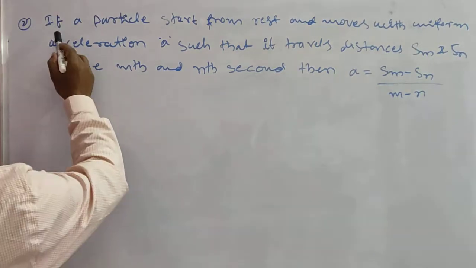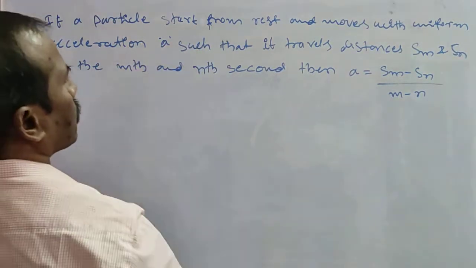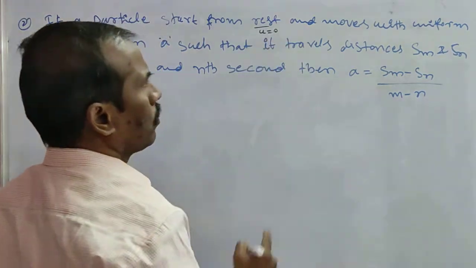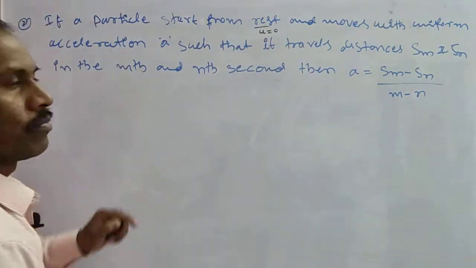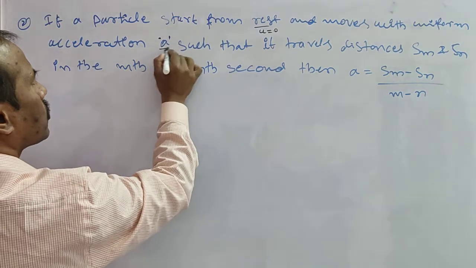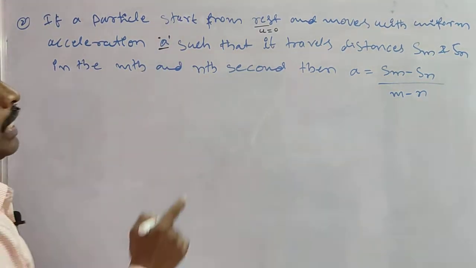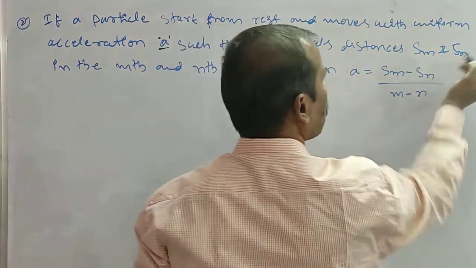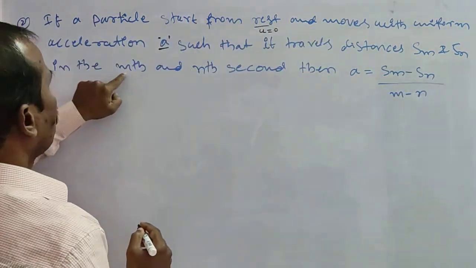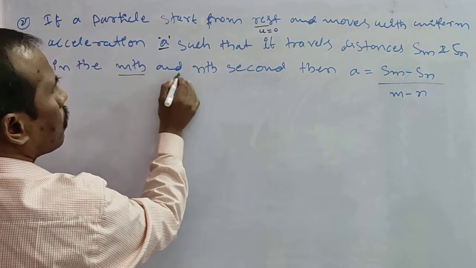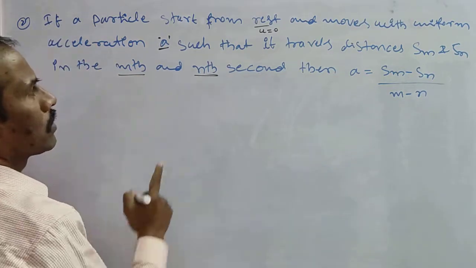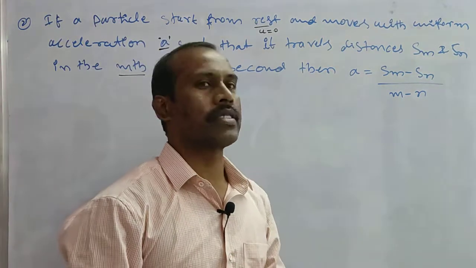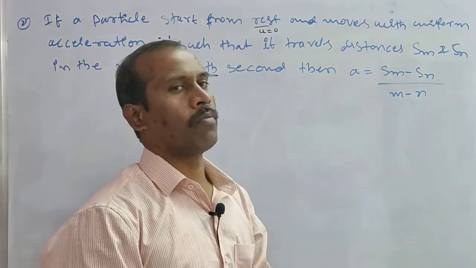Now, if a particle starts from rest, u is equal to 0, and moves with uniform acceleration a such that it travels distances sm and sn in the mth and nth seconds, then a is equal to (sm minus sn) by (m minus n). How do we get this formula?